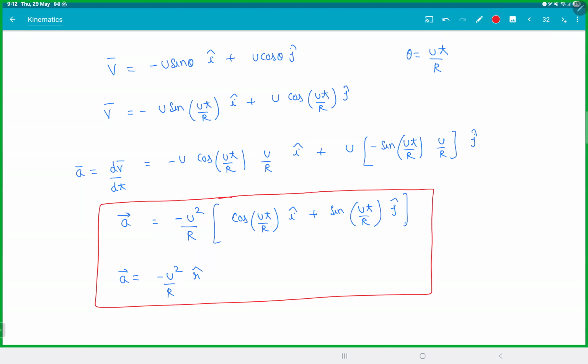This also we have done. So that means when the particle is going on a circle, at any instant, if this is your r bar, your acceleration is towards the center, a bar, and your velocity is tangential.